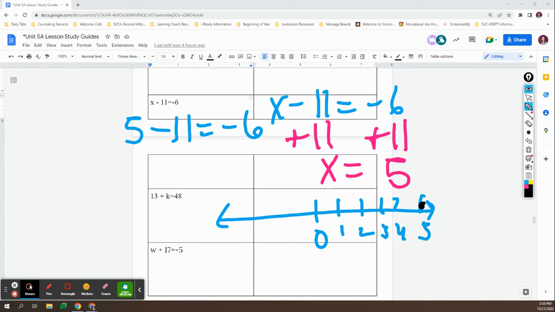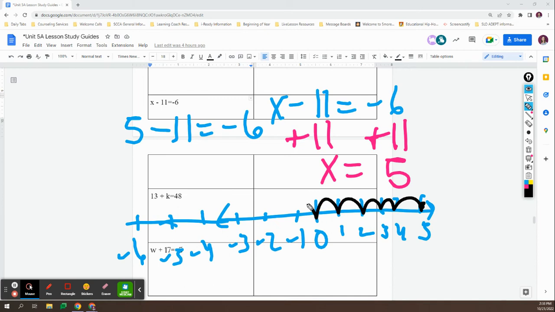If you start at 5 and then you go down 11 spaces, so let me put in some negatives here so you can see this. Negative 3, negative 4, negative 5, negative 6. So if I start with a positive 5, and then I subtract 1, 2, 3, 4, 5, 6, 7, 8, 9, 10, 11, I get negative 6.